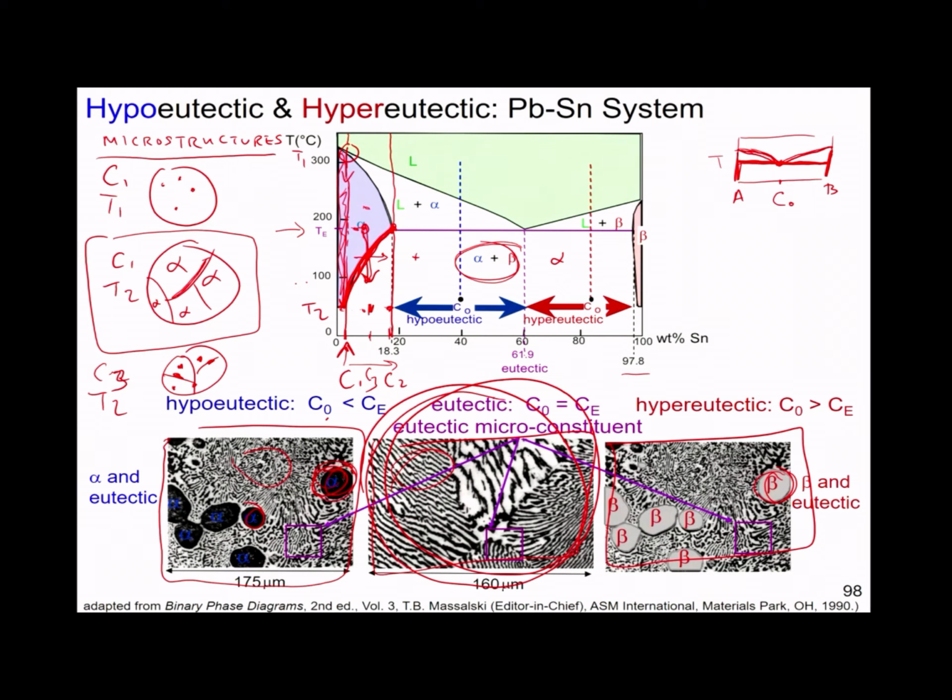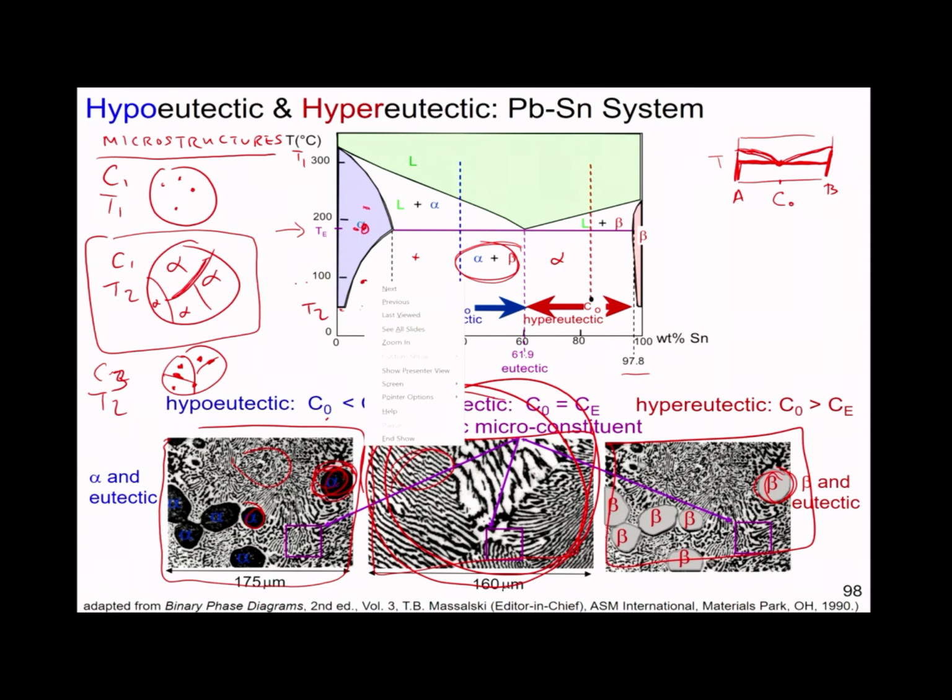Also, if you look at your lever rule, if you're here, how much alpha are you going to have? So you draw your tie line. Okay, that's extending beyond it. I'm going to start erasing some things for clarity. If you're here, I'm going to offset a little bit.